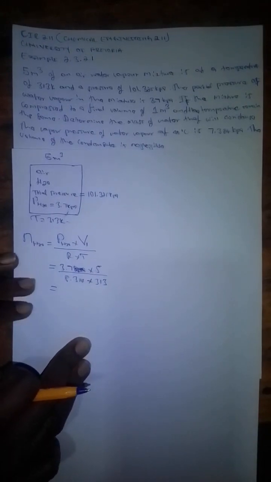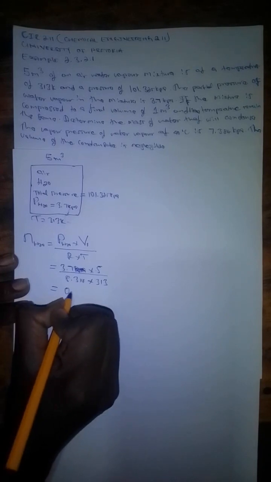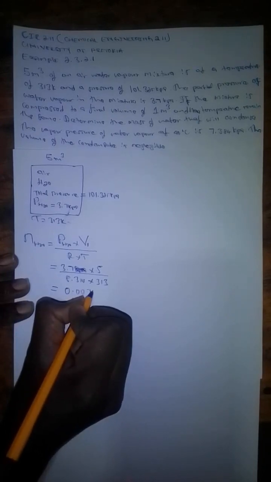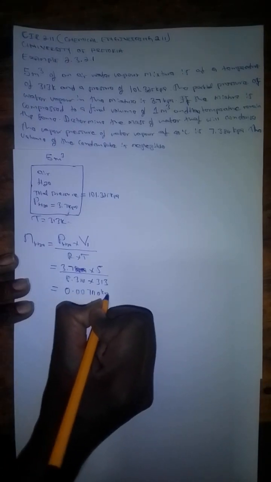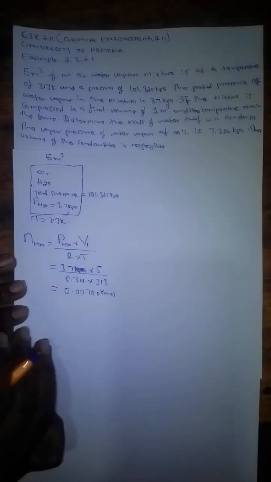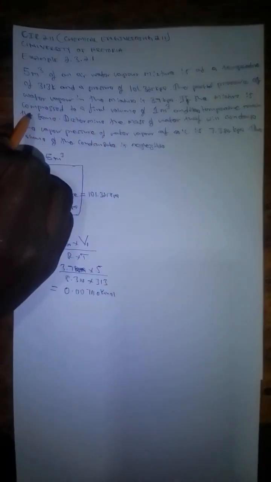If you use your calculator there, you'll find that the number of moles of water vapor there is 0.007110 kilomole. So that means the amount of water vapor here is 0.007110 kilomole.